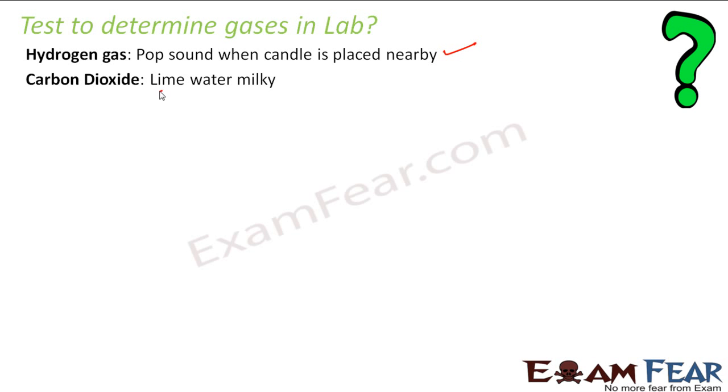For carbon dioxide gas, you pass it through lime water and that turns milky. So if lime water turns milky, that means it's carbon dioxide. So generally in lab we get carbon dioxide gas or hydrogen gas. To test these gases we use this kind of test. For hydrogen, a pop sound comes when a candle is placed nearby. For carbon dioxide, the lime water turns milky.